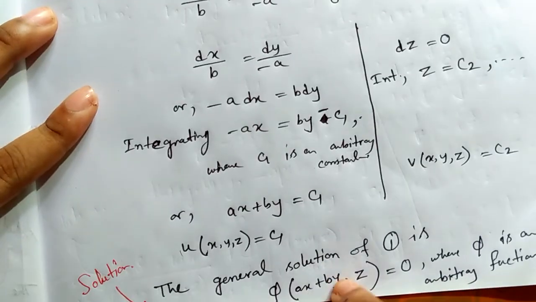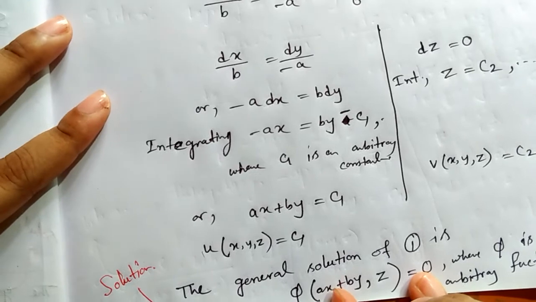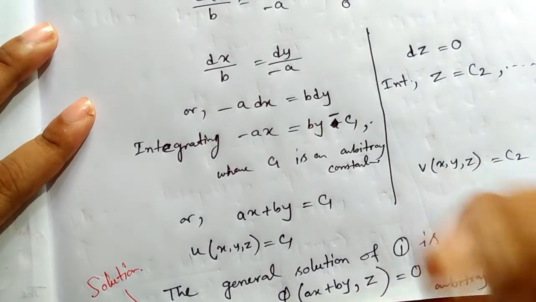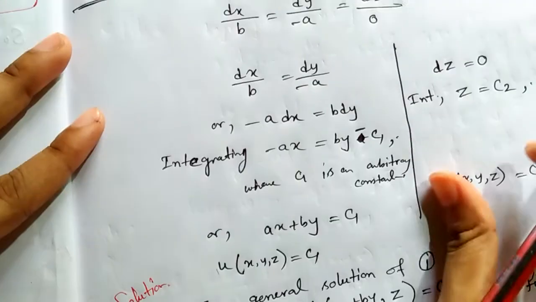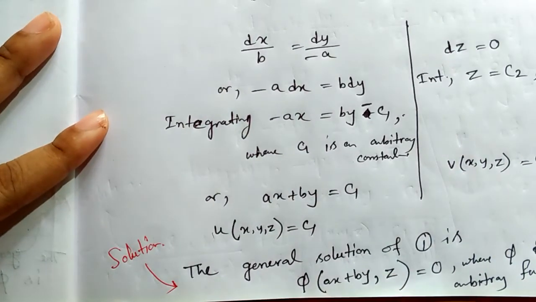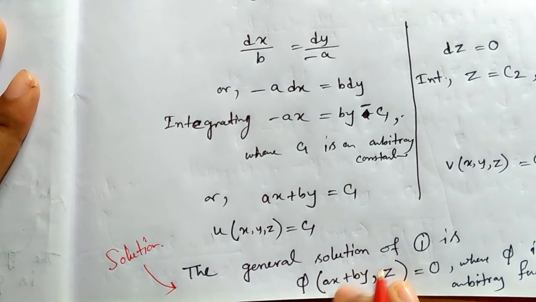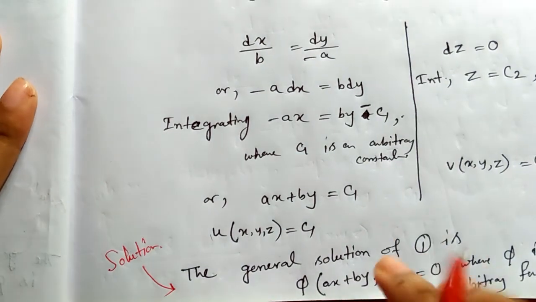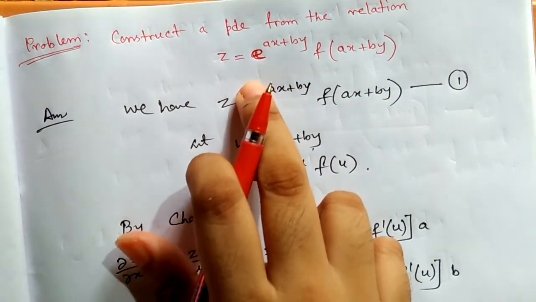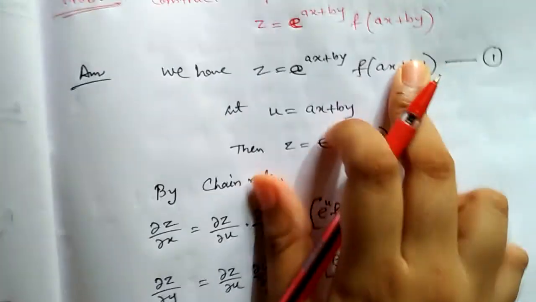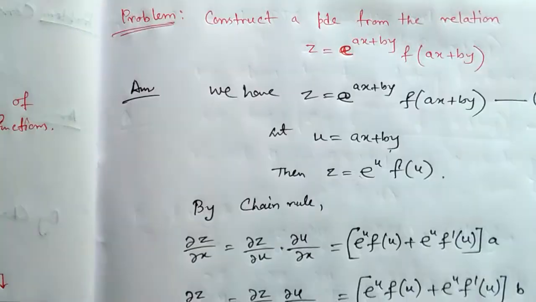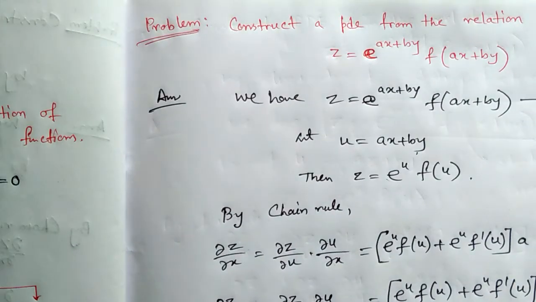So from this solution we can realize that the equation from which this PD is constructed must be related to these functions ax plus by and z. Yes, this is the relation z equal to e to the power ax plus by and f of ax plus by. So these two, the first one and the last one, are quite the same or similar.